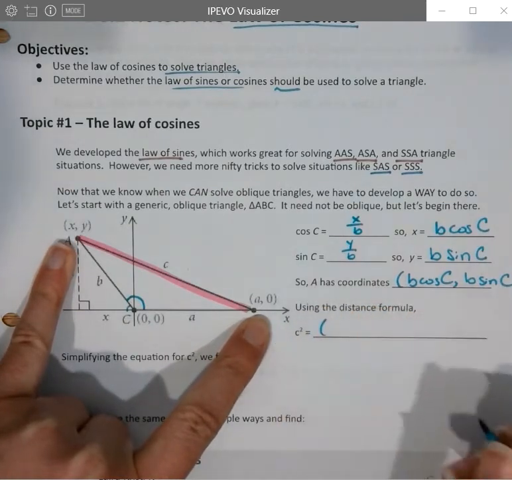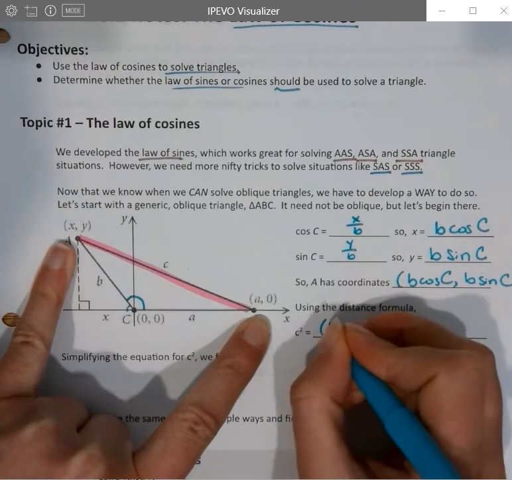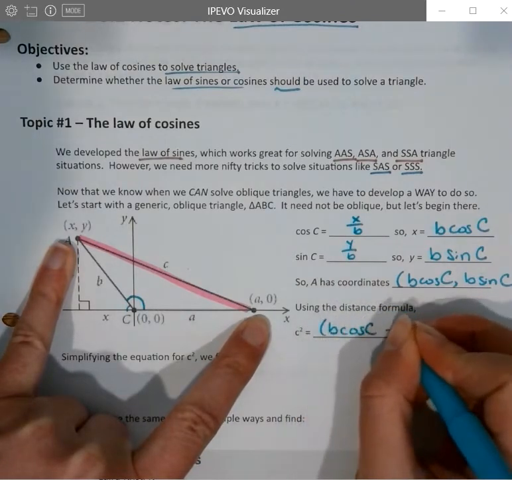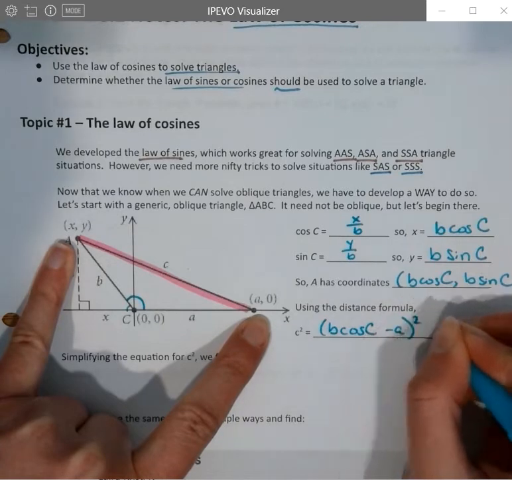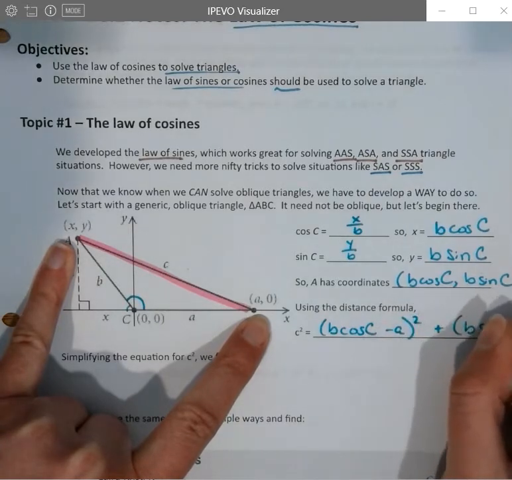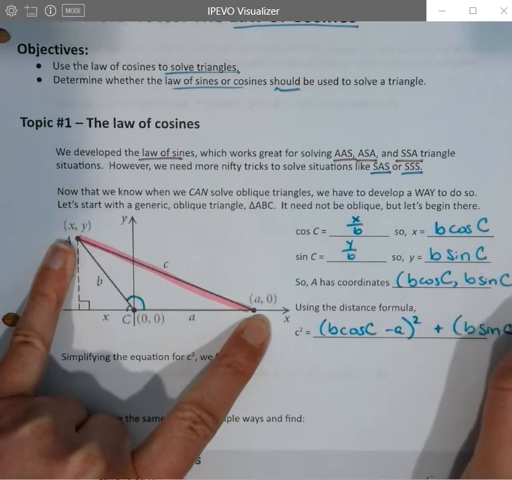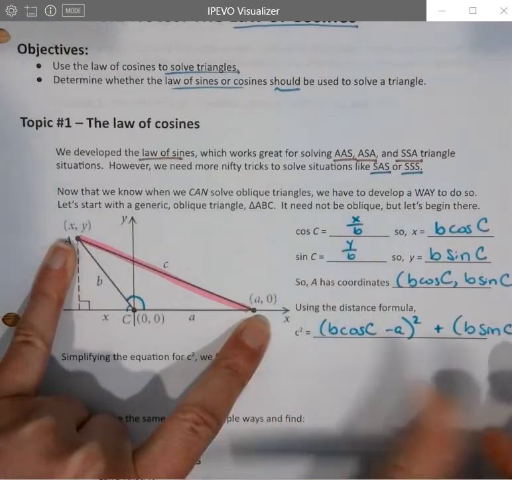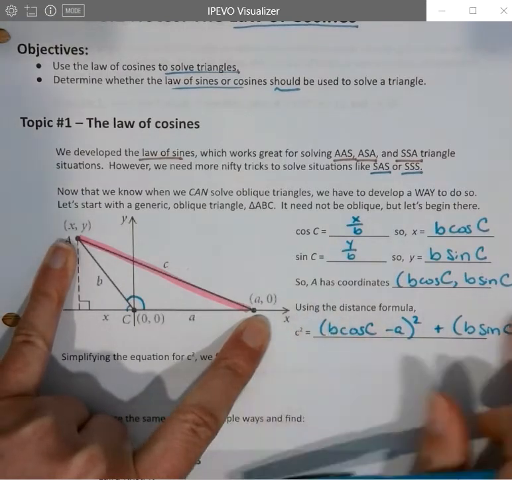So the difference of the x coordinates is b cosine C minus a, squared, plus the difference of the two y coordinates, so that's b sine C minus 0, squared. And then usually if we're actually computing distance, we would square root both sides, but since we have c squared, the square root's not going to be there.